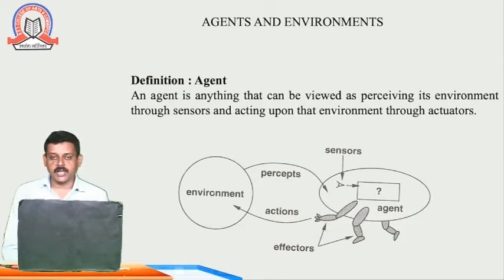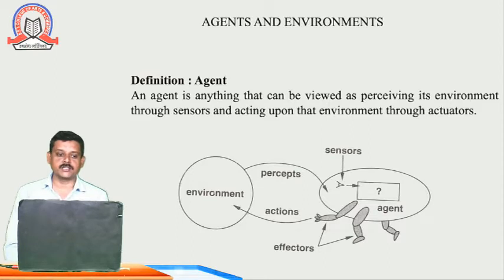So the agent and environment are terms we use in artificial intelligence. The definition of agent is that an agent is anything that can be viewed as perceiving its environment through sensors and acting upon that environment through its actuators.